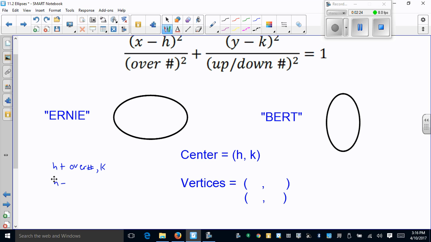Now, you can do the vertices after you plug in the numbers. You can go, oh, I'm going to go over 3, and then calculate what they are. But sometimes it's easier if you already know what those values are. Then you can double check when you graph them.